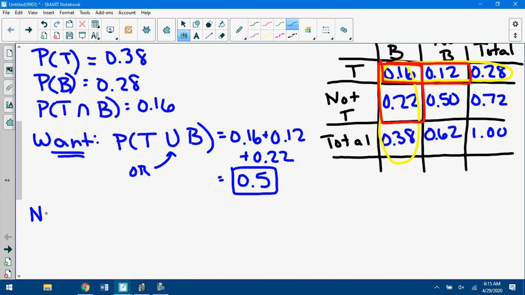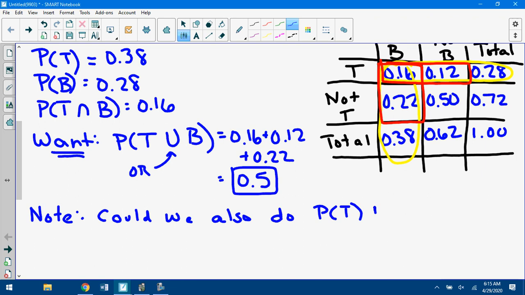Now, as a side note, could we also do probability of transmission plus probability of brake equals probability of transmission or brake? Because that's what a lot of people think. I'm going to put a question mark there. If I want either or, could I just add those two totals together?